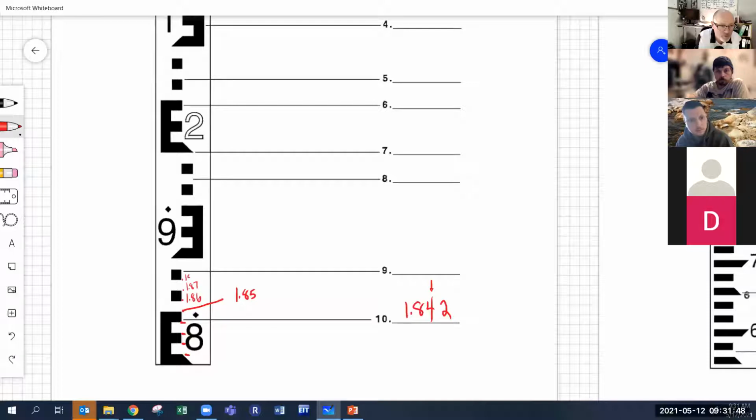Right there, 1.88. Right, and then we're going to go over here. It's not quite to the 9. So this is going to be 1.888. How's that? That's pretty good, meters. And then at this point above it, right at the corner, is going to be 1.9.